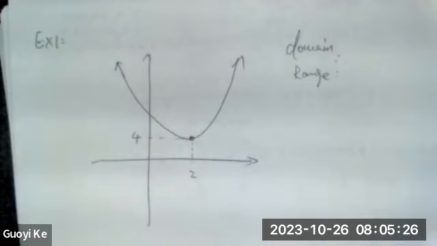As you know, the domain is about the x values. The range is about the y values. So for the domain, we go from left to right, and for the range, from downside to upside.